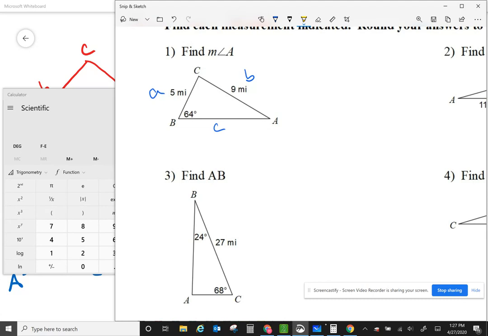Notice how I'm giving you angle B and side b. Since I give you two of the same letter, the side b and the angle B, we're going to be using the law of sines. So when you're given the same letter in angle and side, you're going to be using the law of sines.